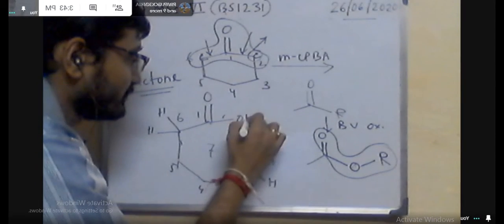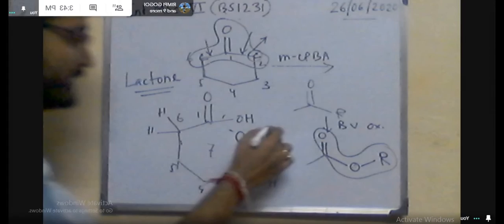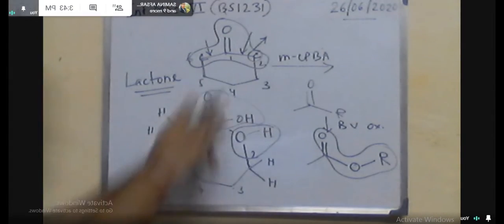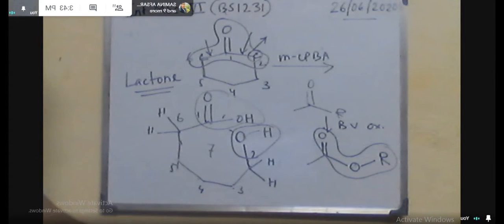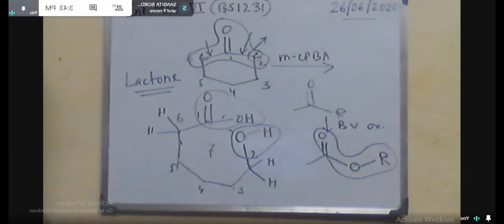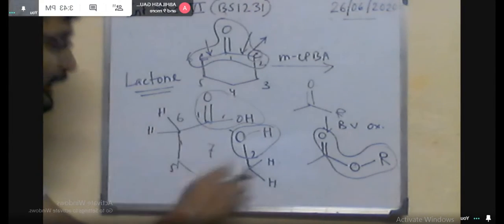So, CH3. Now, in this ketone, again we will consider only this carbon and this carbon, and say here I am using the peroxybenzoic acid. So, again it is the Baeyer-Villiger oxidation.